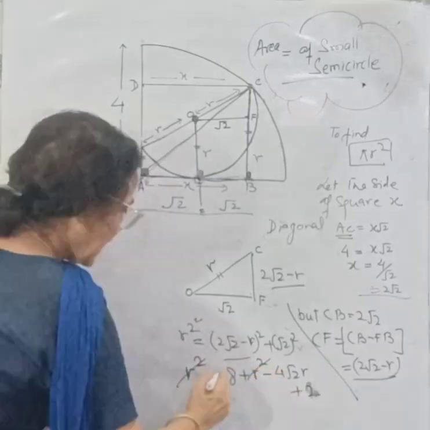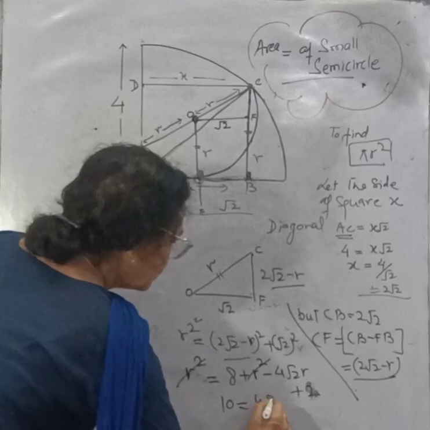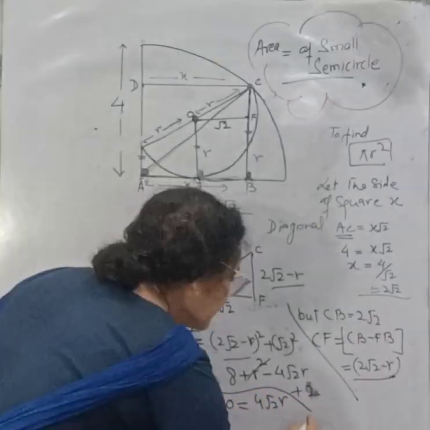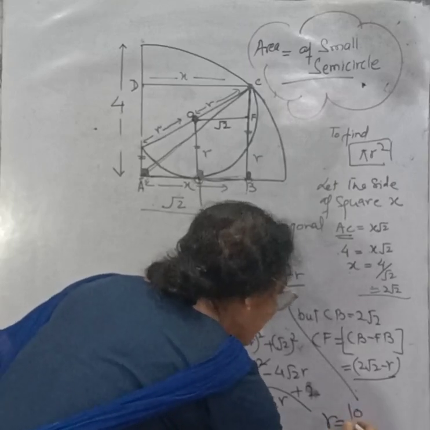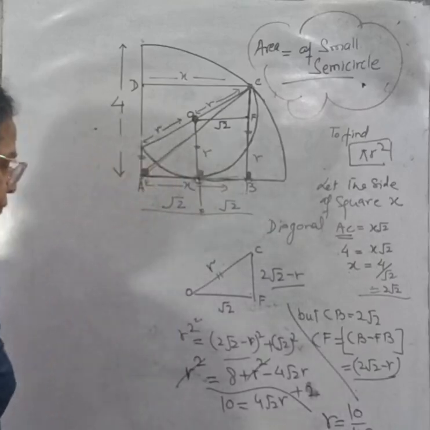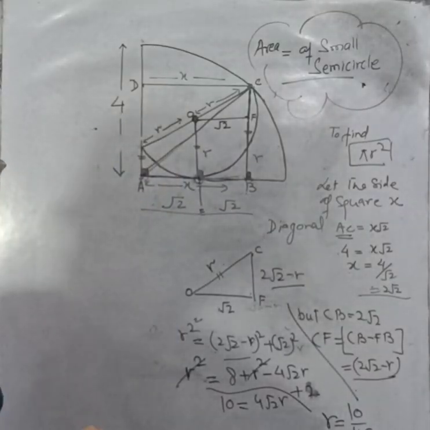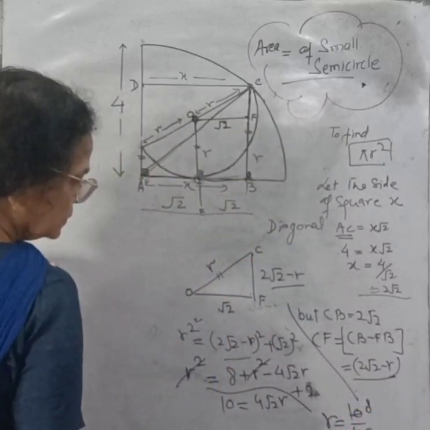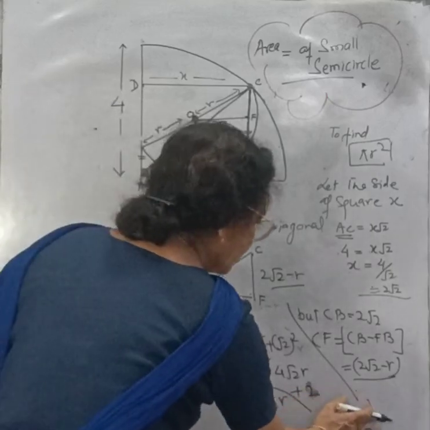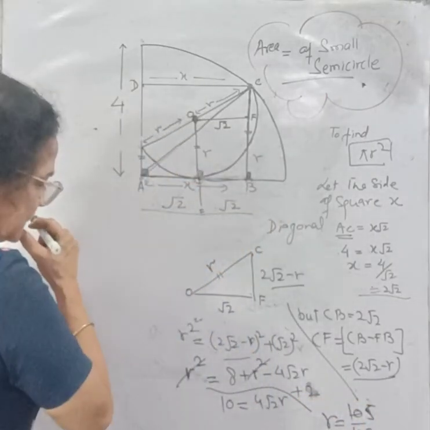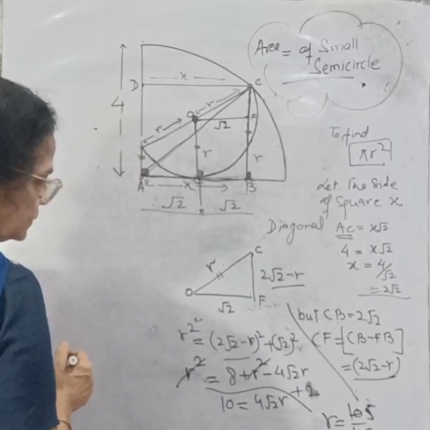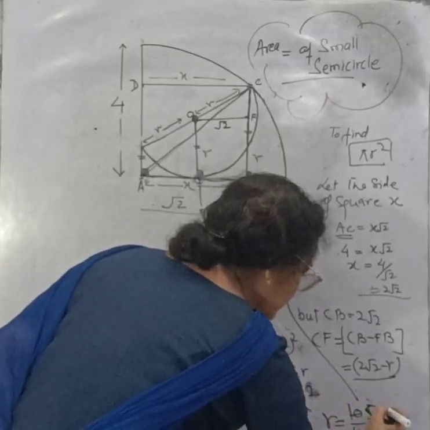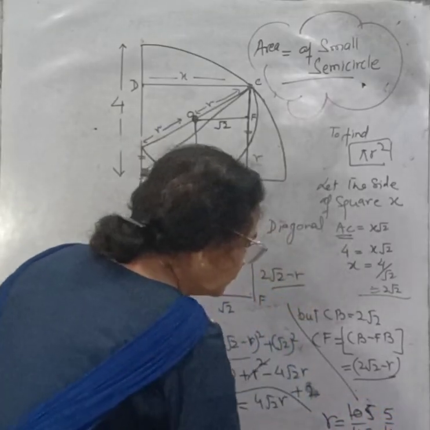It means 4 root 2 times r equals 10, or we can say that r is equal to 10 upon 4 root 2, that is 5 by 4 root 2.